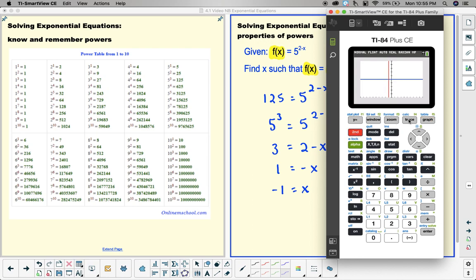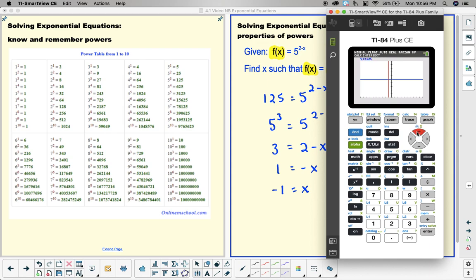So second calc, so I got the point of intersection in the viewing window. 5, intersect, blue, and then let's go boom, boom, boom. Second curve, maybe it's that. Okay, I think I need to move.